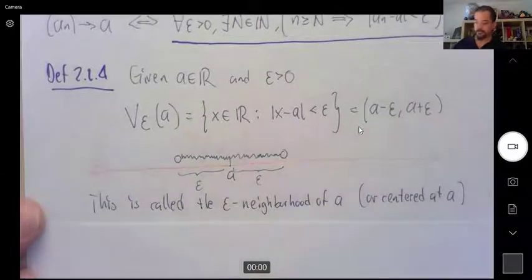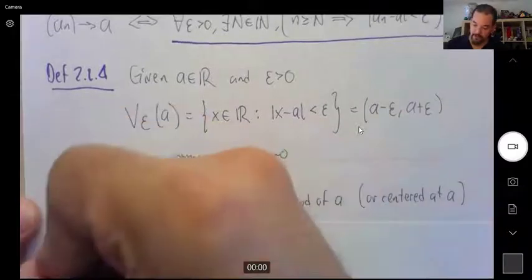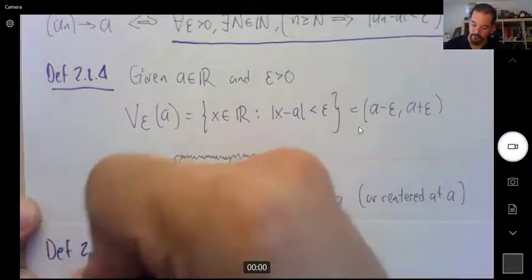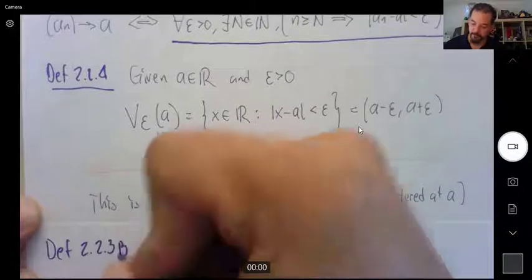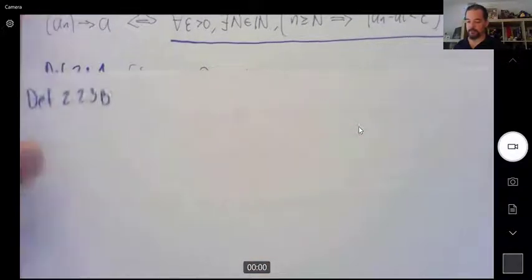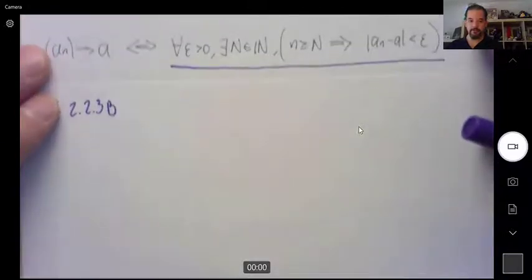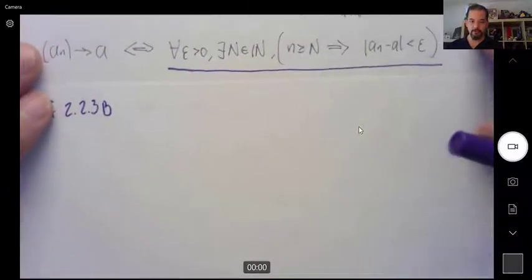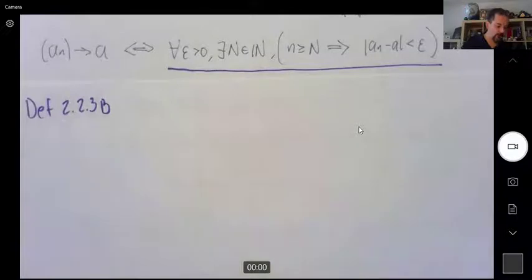All right. So let's write it here. This is definition 2.2.3 part B. It's the same definition of convergence. In fact, let me put them like this so that you see that I'm doing the same thing. All right. And this is what it says.